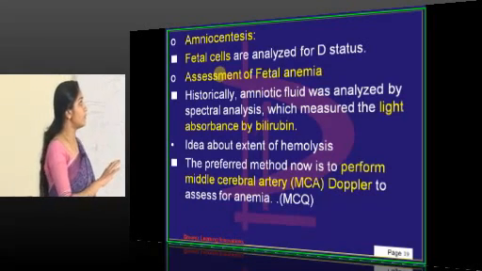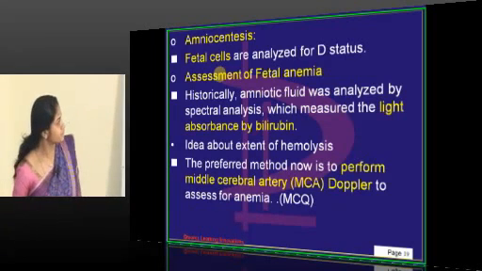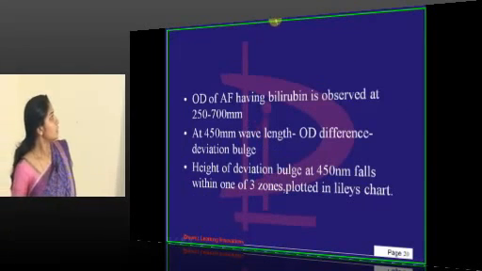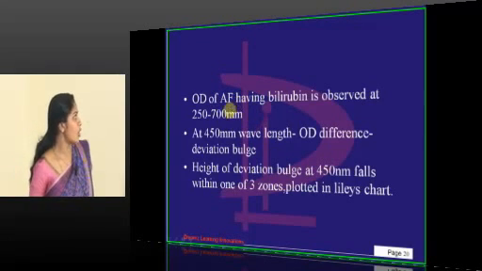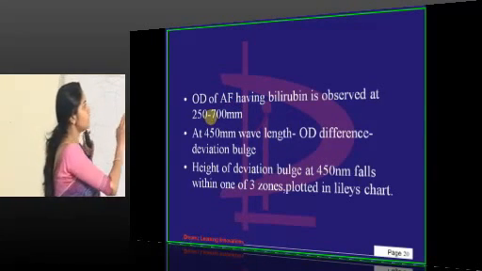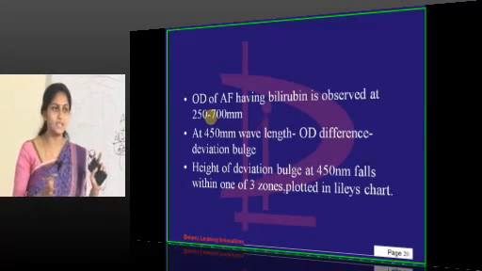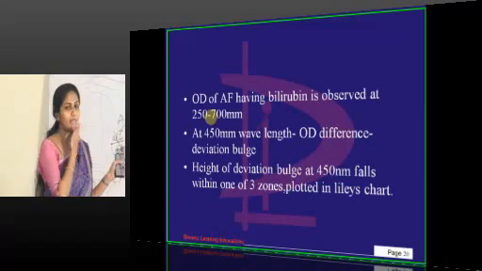The bilirubin has some optical density. Normally we measure the optical density of the amniotic fluid bilirubin between 250 and 700 nm, but around 450 nm there is a bulge.